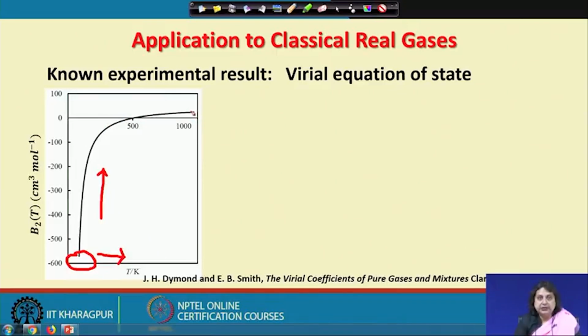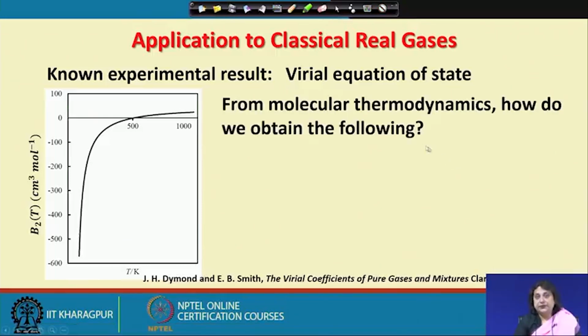Beyond a certain temperature it goes to positive values. And the question we are asking here is as follows: using the principles of classical statistical mechanics that we are implementing within the framework of molecular thermodynamics, can we give a molecular interpretation of the second virial coefficient B2?